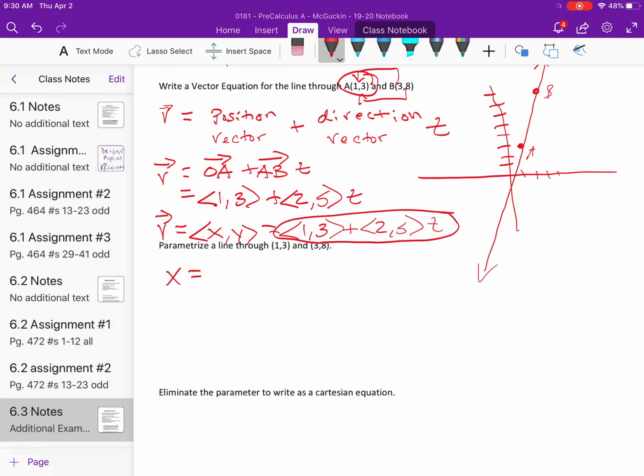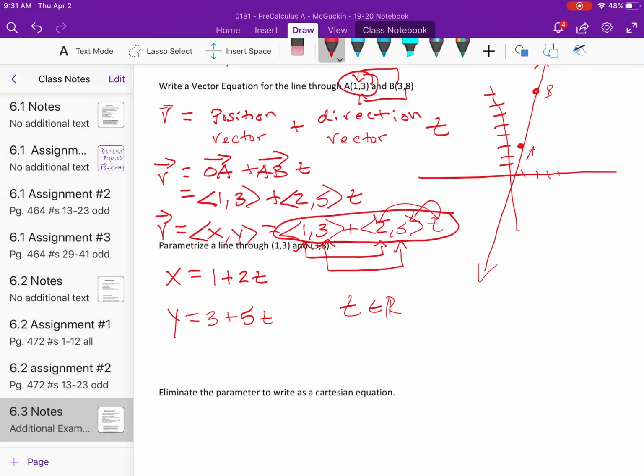Well, if I'm adding these two vectors together, I am adding the x components and I am adding the y components. But remember, the parameter was distributed to both of them. So I'm really going to say that it's 1 plus 2t, and then the y component would be 3 plus 5t.